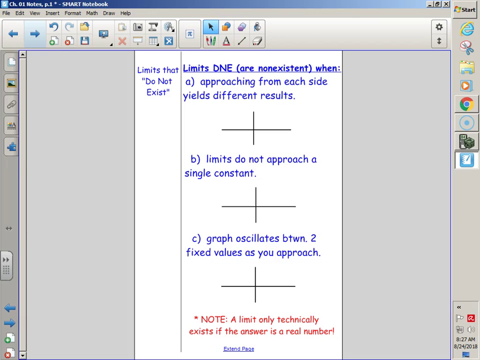One of them is a technicality that we will basically ignore. But the other two, there's no ignoring it. The limit will not exist.